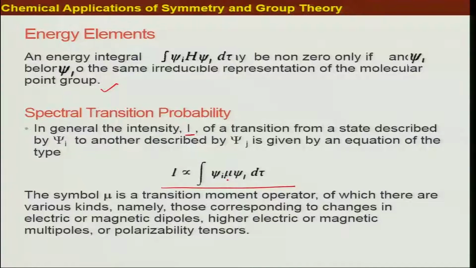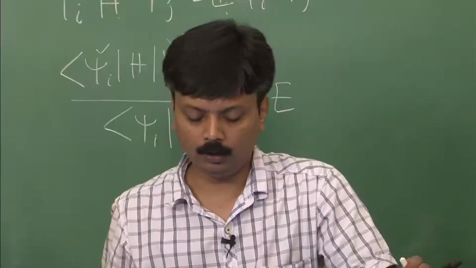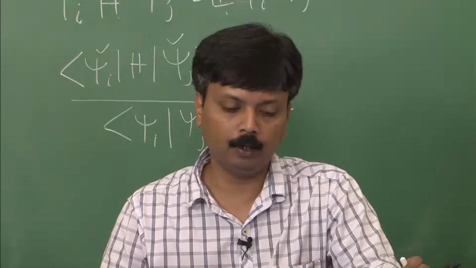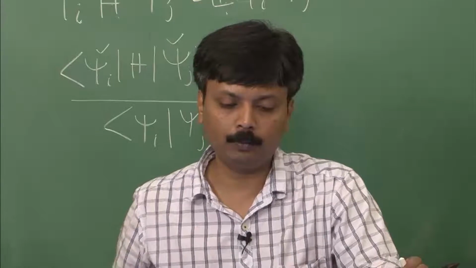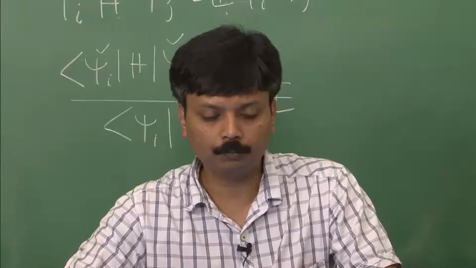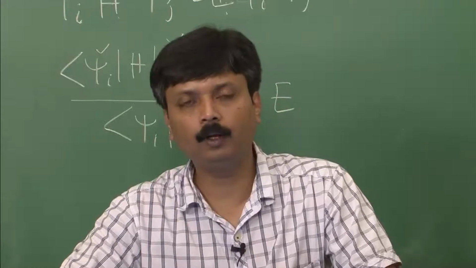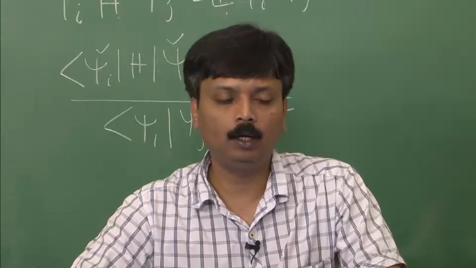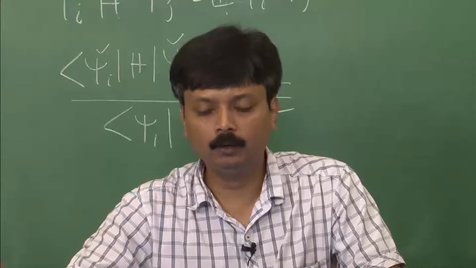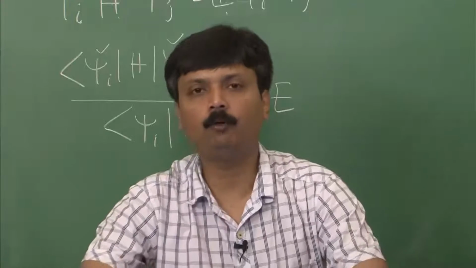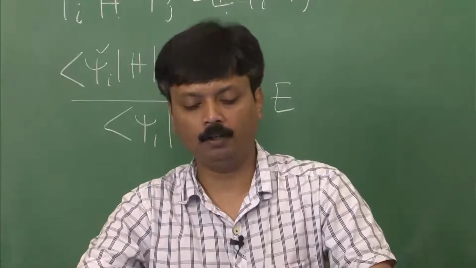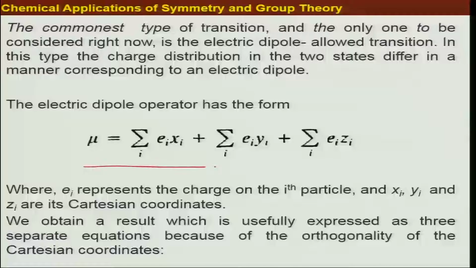So the nature of mu can vary, but the most common form of mu in the spectroscopy that we often use is the electric dipole, and we will also restrict ourselves in all our discussion, even in the following weeks, to electric dipole allowed transitions. So, mu will have the form as given here.